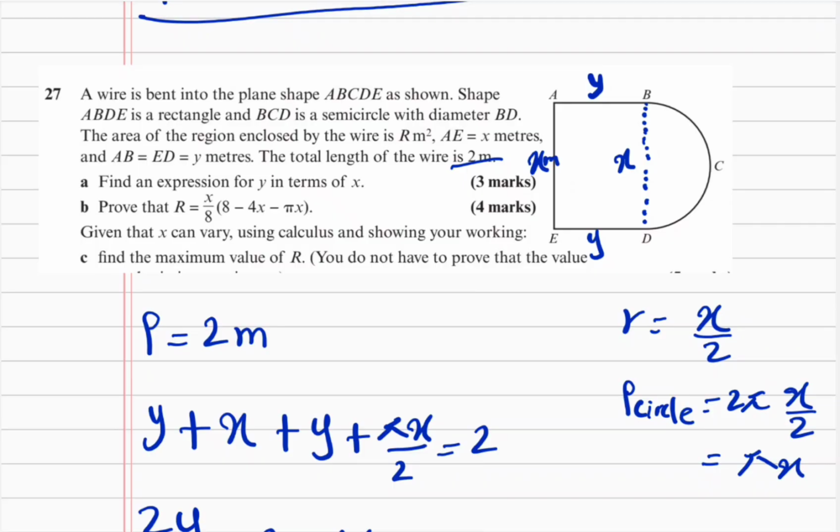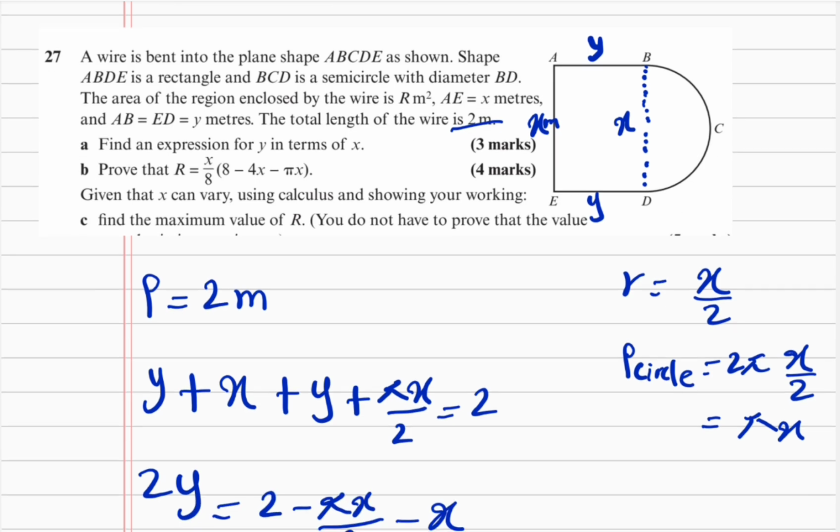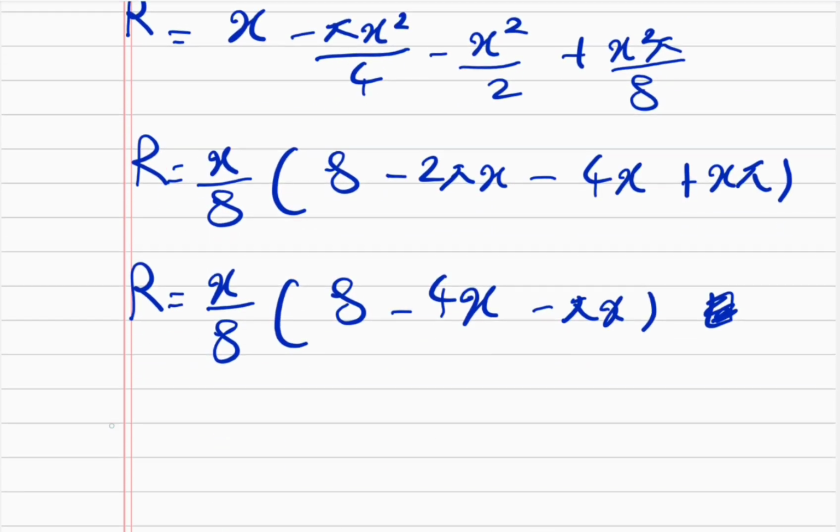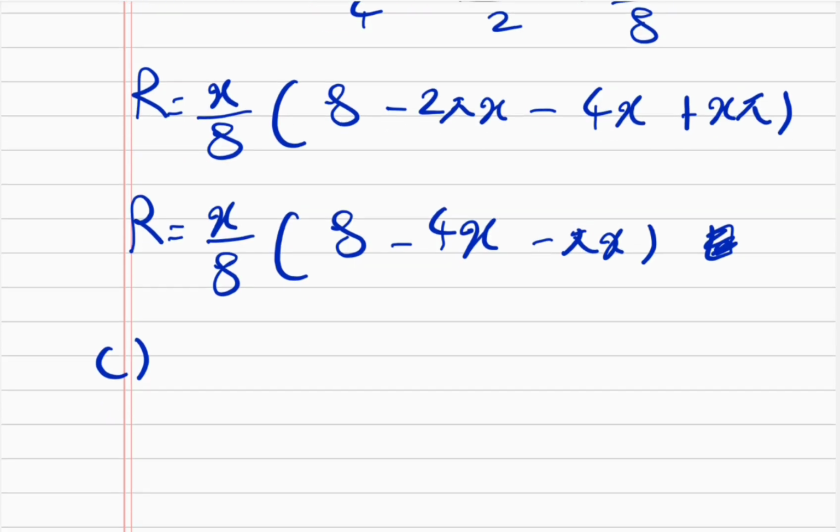And finally, part C says that given that x can vary, using calculus and showing your working, find the maximum value of r. In order to find the maximum value of r, we just need to differentiate r with respect to x, and then set that equal to 0 so that we can find the maximum value.